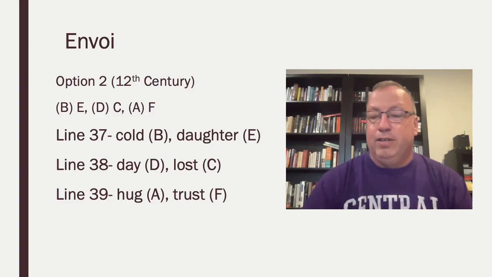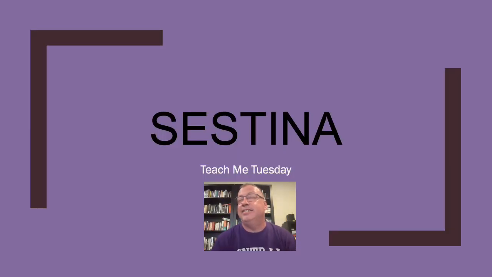Okay, so the Sestina is based off of 6 end words that move within the stanza. You want to have a consistent line length or syllable count, or if you're really into a more metered approach.